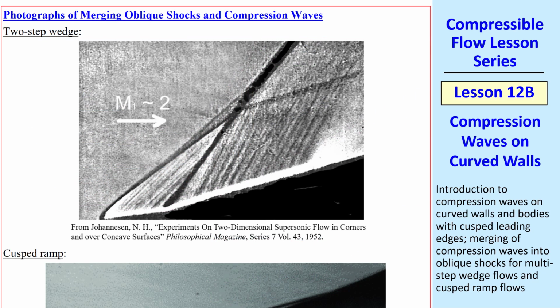I'll end this lesson with some photographs. This shows a two-step angled wall where we have the first turn and the second turn, similar to what I did with 3 turns at the beginning of this lesson. So these are oblique shocks that merge into one oblique shock.